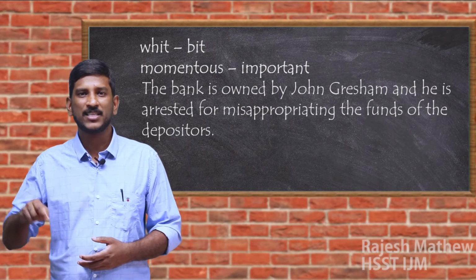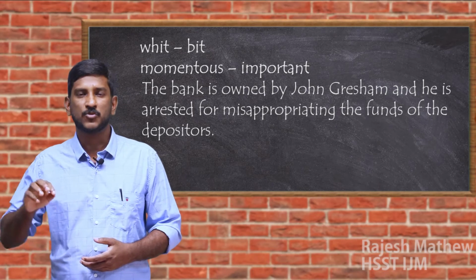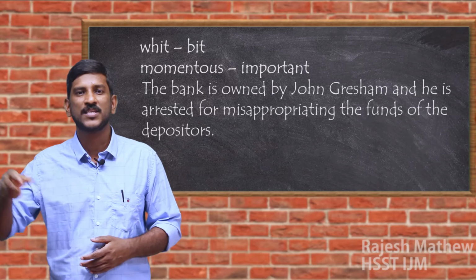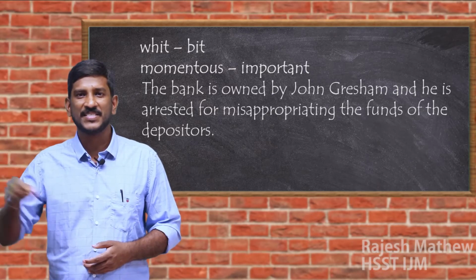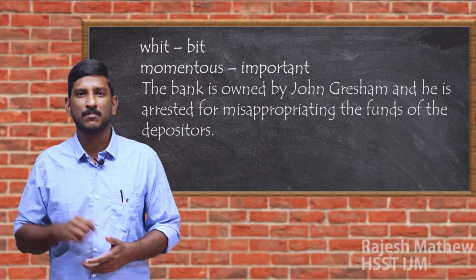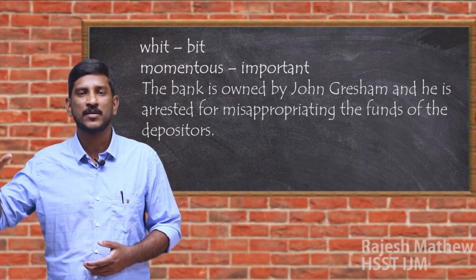The owner of the bank, John Gresham, is arrested for swindling or misappropriating the funds, the deposits of the depositors. The reason for their anxiety is that John Gresham sent for Robert Baldwin and Robert Baldwin has gone out to meet John Gresham.